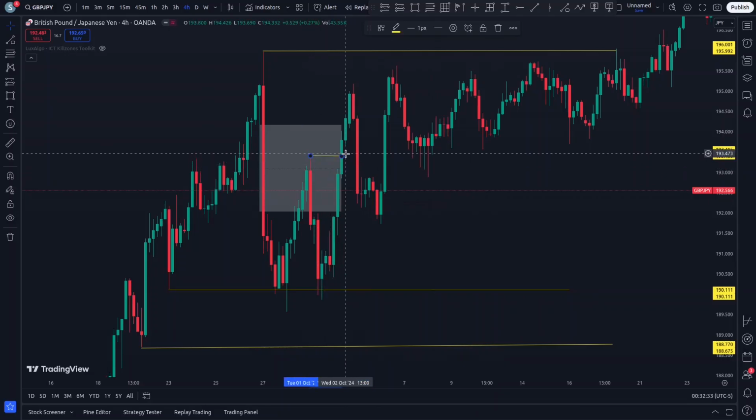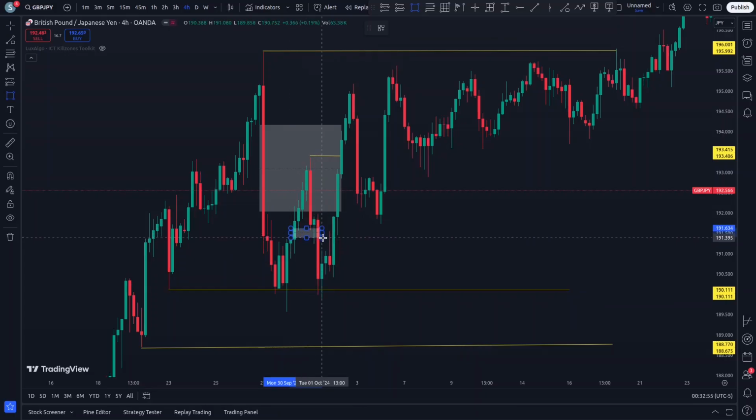Here, price creates a high inside this structure. And when price moved in these directions, we have some areas of imbalances that price created.